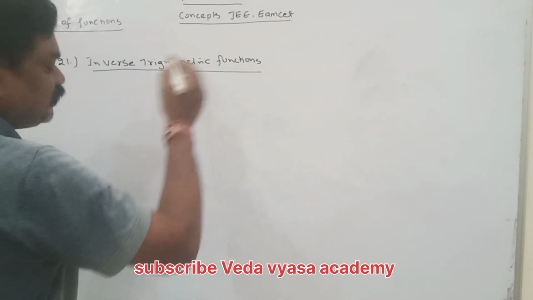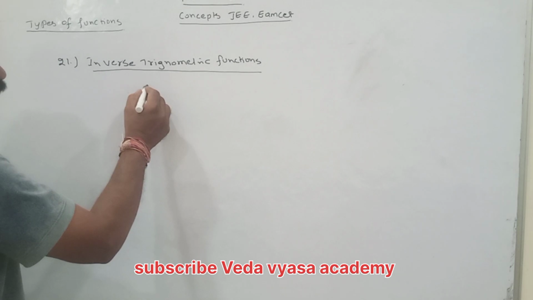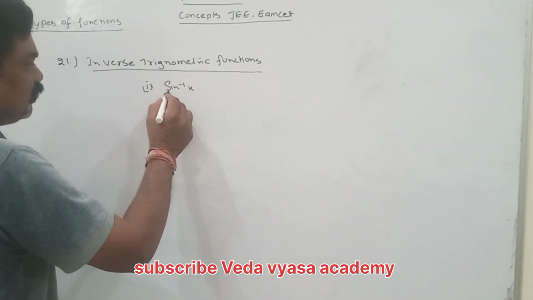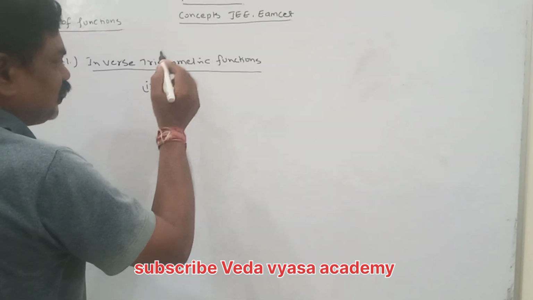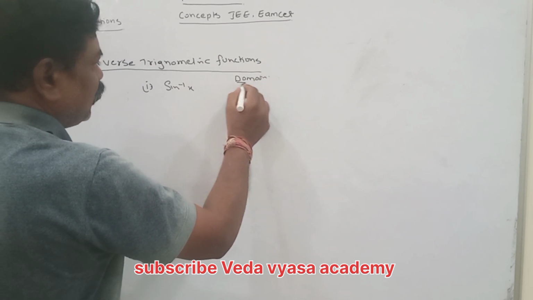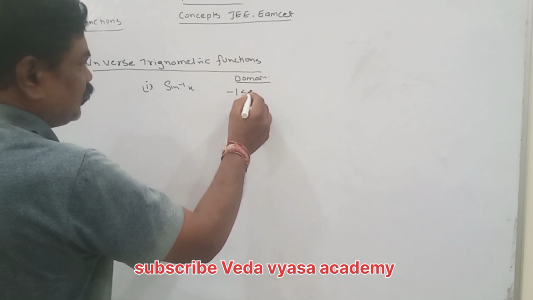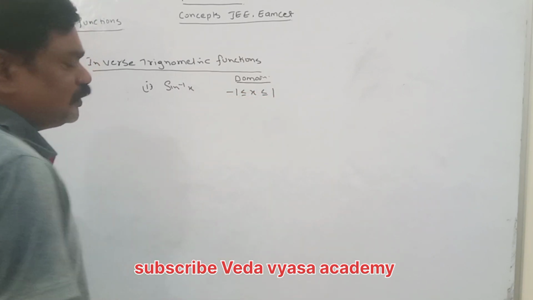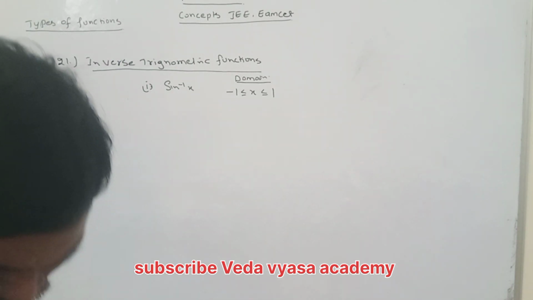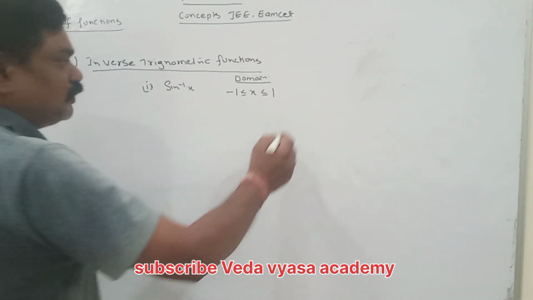Here, inverse trigonometric functions. First one, sine inverse x function. What is the domain? The domain is minus 1 less than or equal to x less than or equal to 1.